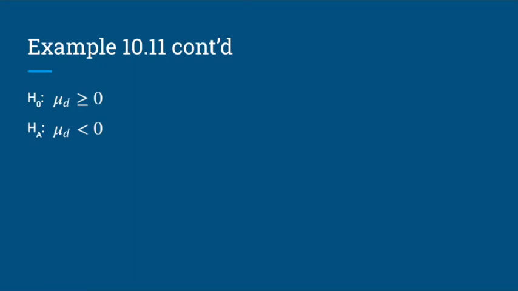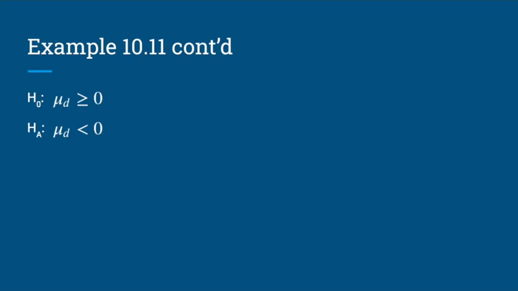And if we have a lower score in the after column, we're going to get a negative number, right? So the claim is basically saying that mu d, the d represents differences, would be negative, or less than 0. So that's going to be the claim statement. The opposite of that would be greater than or equal to, and then we divvy those up with the null and the alternative hypothesis this way.